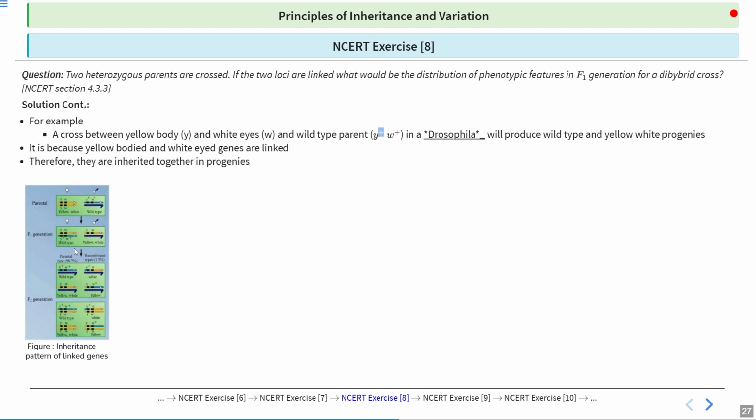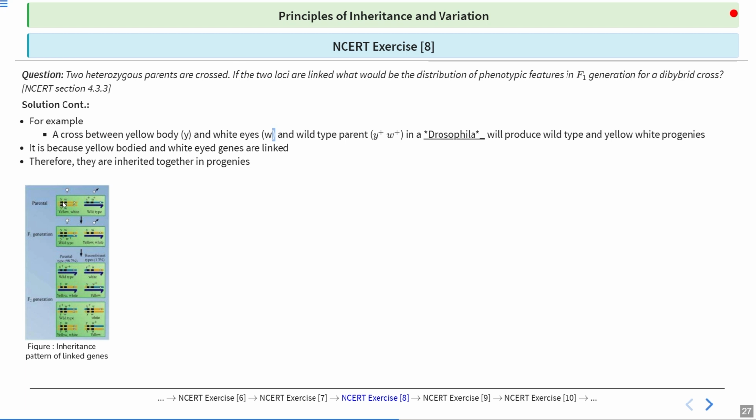Let's understand this with the help of this image. This is y and w here. There is one female Drosophila which is being crossed with a male Drosophila. Males have X and Y chromosomes, and females have X and X chromosomes in the case of Drosophila.